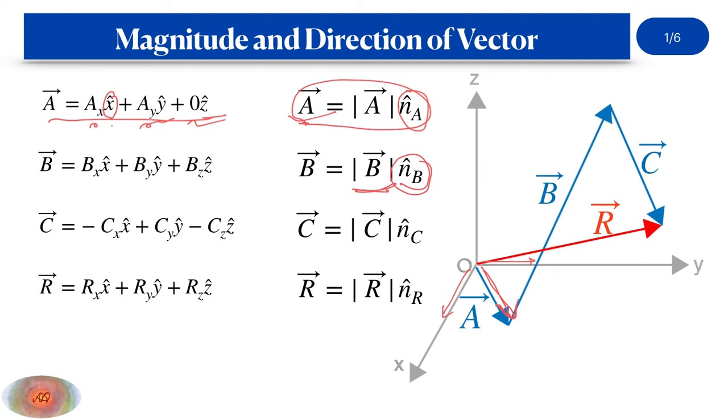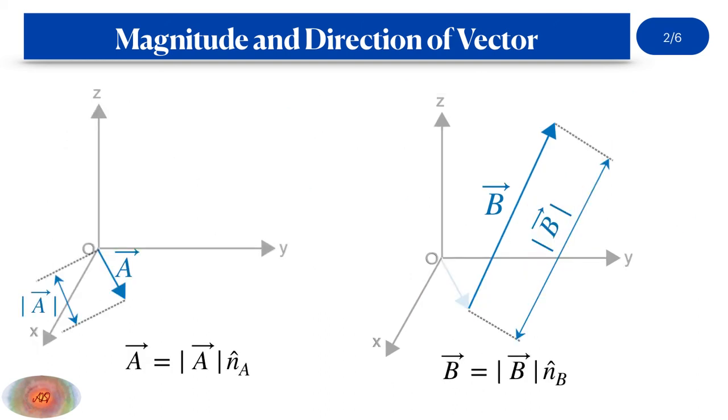Similarly, the n cap b, which is the direction or unit vector associated with the vector b, represents the direction along this. Its magnitude part, the magnitude of b, represents the length of b, and for c it represents the length of c. A similar concept is applicable for the vector r.